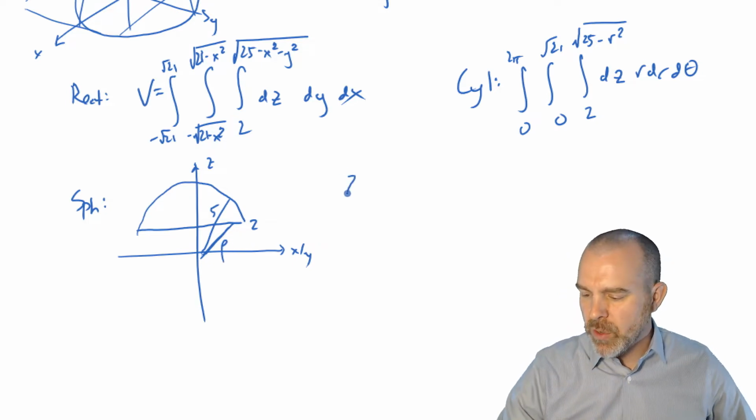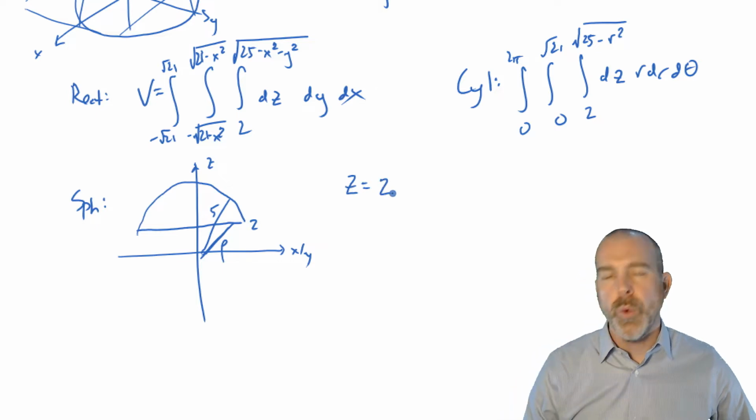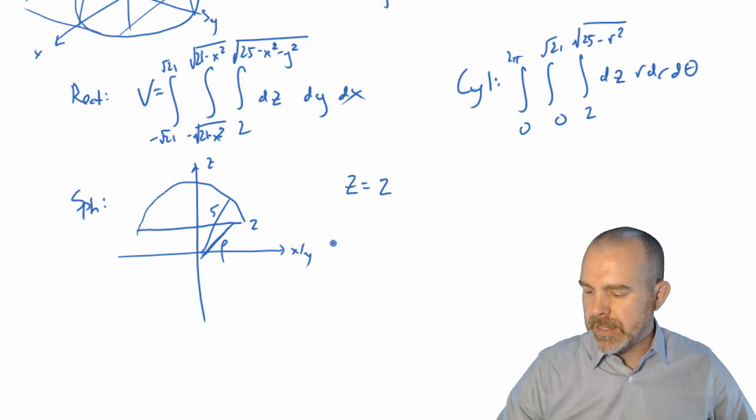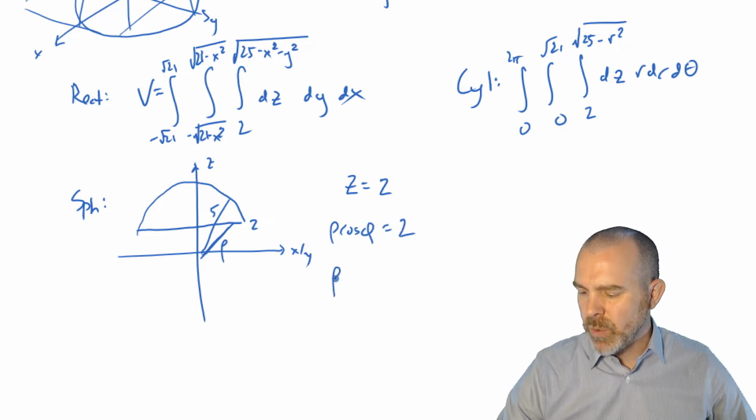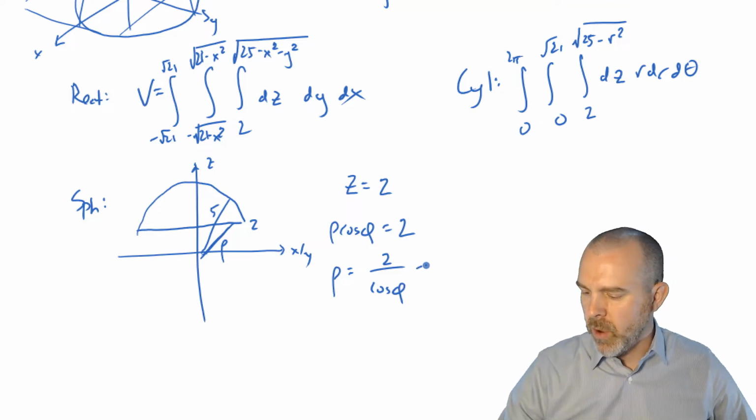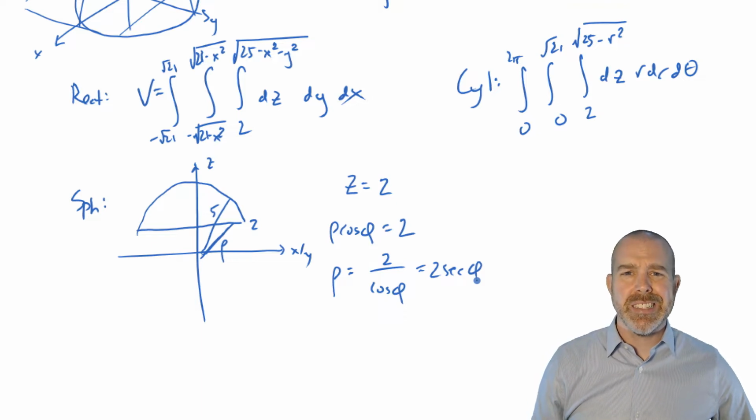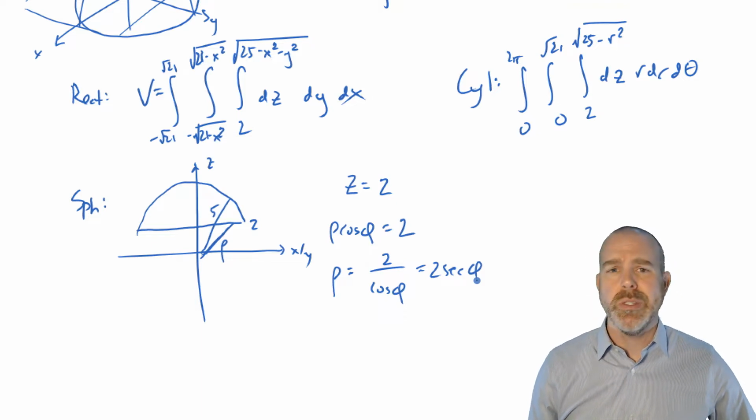We know that z is equal to 2. We know in spherical coordinates z is rho cosine phi. And so we could divide, 2 over cosine phi, or we could say 2 secant phi. So that's how you get a constant z equals 2: you have rho equals 2 secant phi.